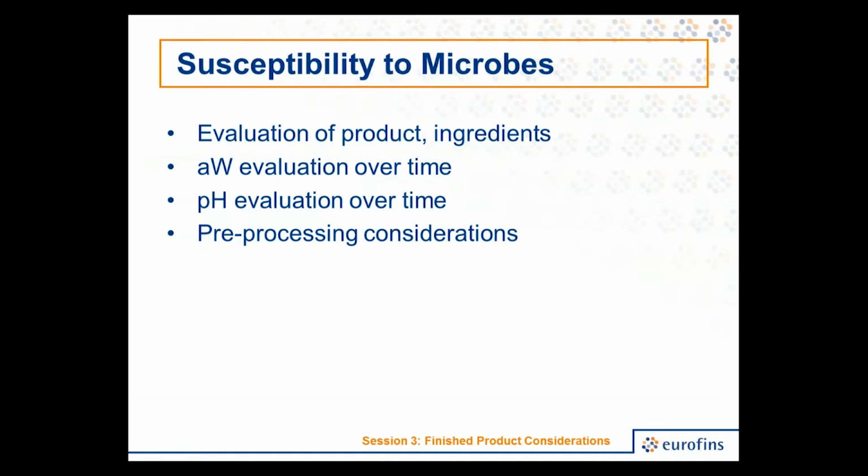That plays a key role because when we're looking at the formulation of the product, there are certain things that will help bind up some of that extra water and help keep the water activity low throughout the duration of the product. But you also have to, in addition to things like pathogens, be considerate of items like yeast and mold. That's important over time, especially if you have a higher moisture product with closed packaging.